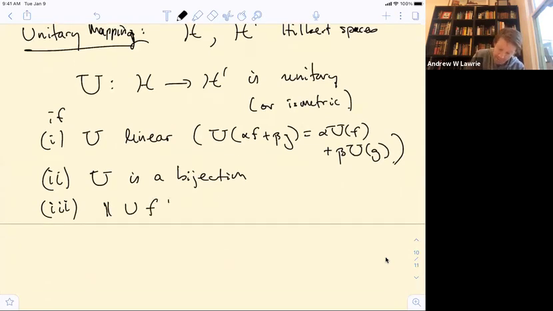So the norm of U f in H prime is equal to the norm of f in H.